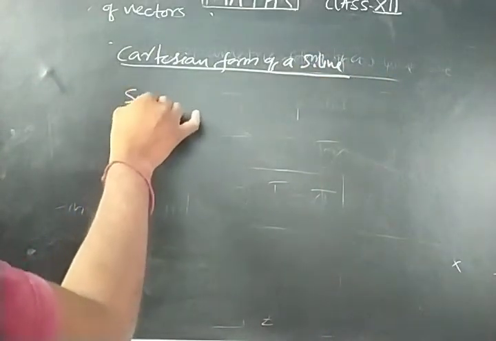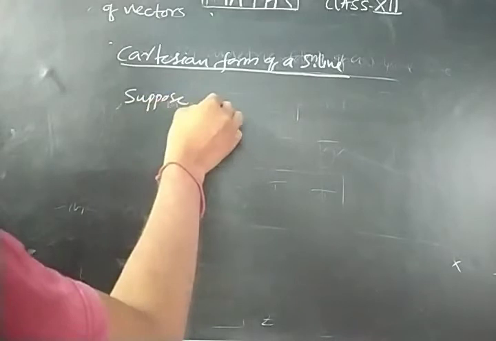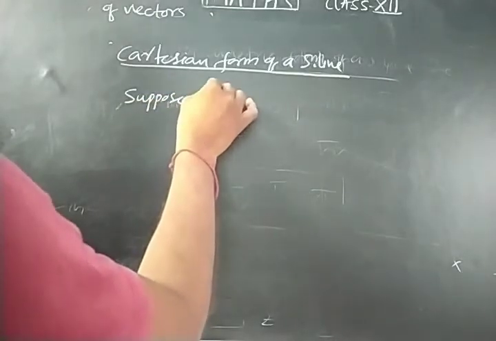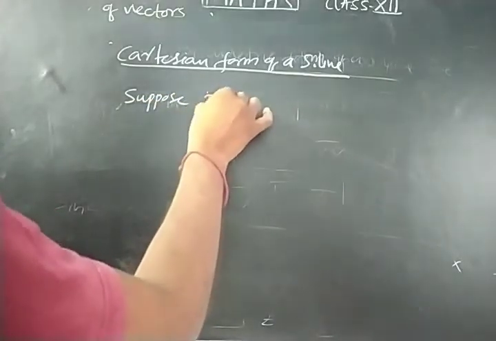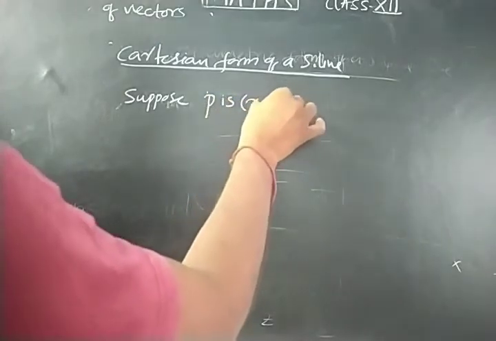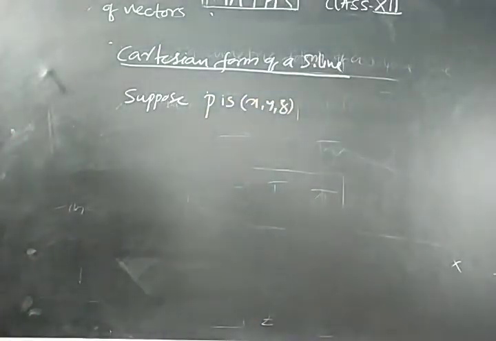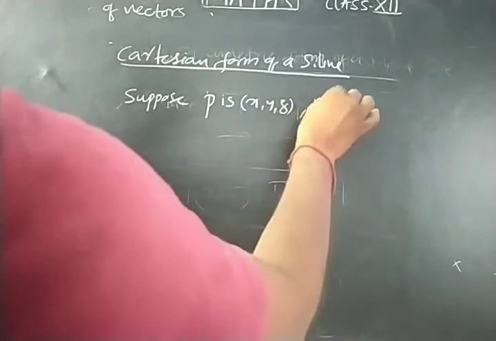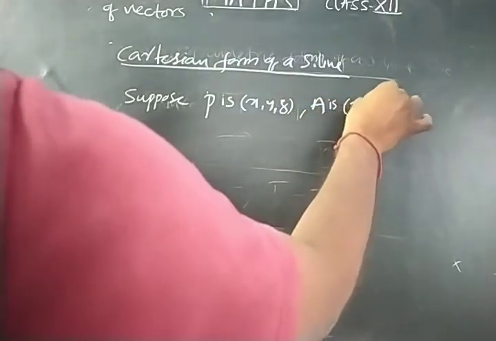Suppose I am taking an arbitrary moving point P as x, y, z, which is an arbitrary point on the straight line. A is a fixed point x1, y1, z1.